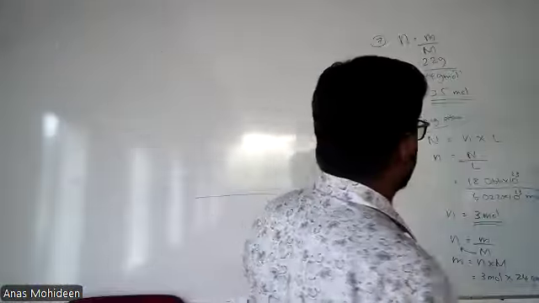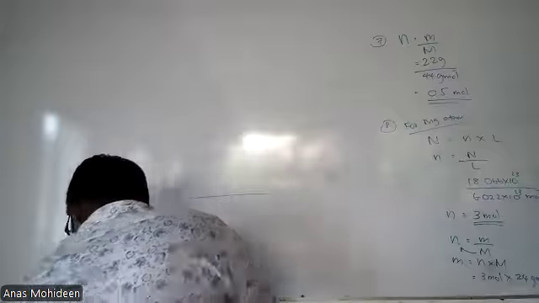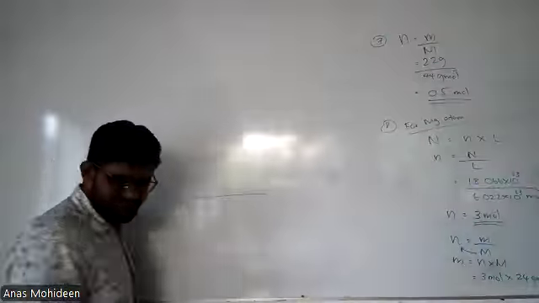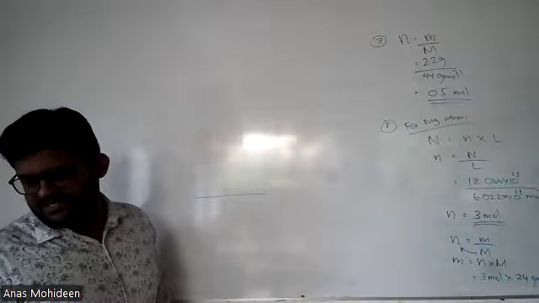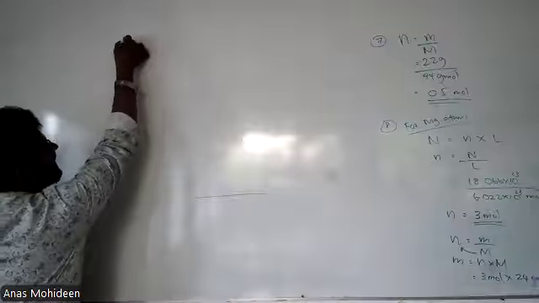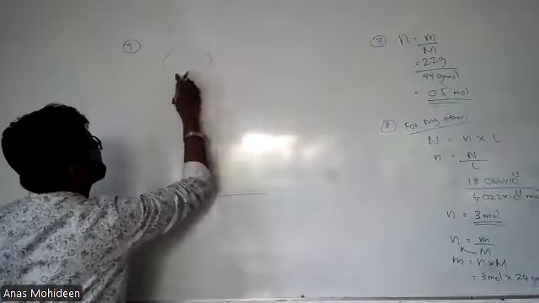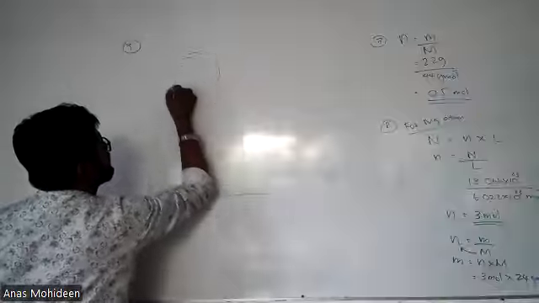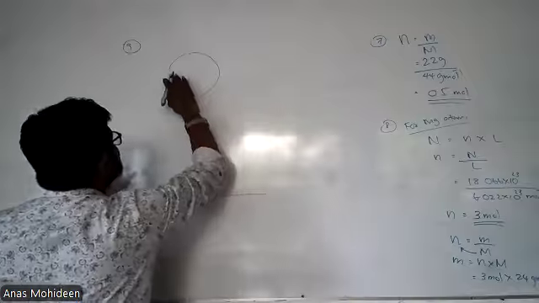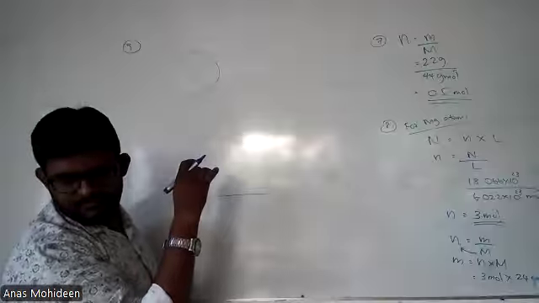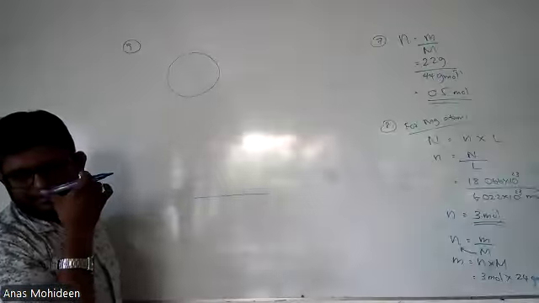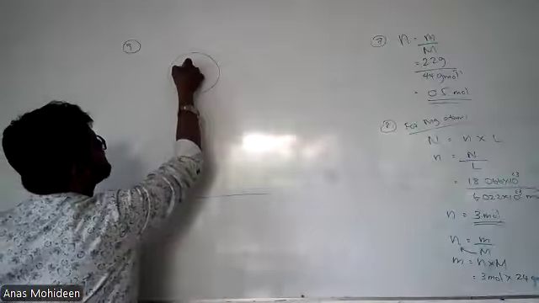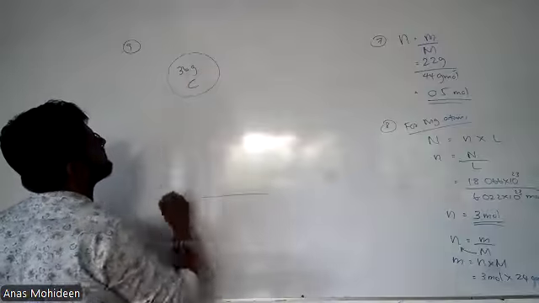Question 9. What does it say? Two watch glasses contain an equal number of moles. Now look at this. Two watch glasses are there. One contains 36 grams of carbon.